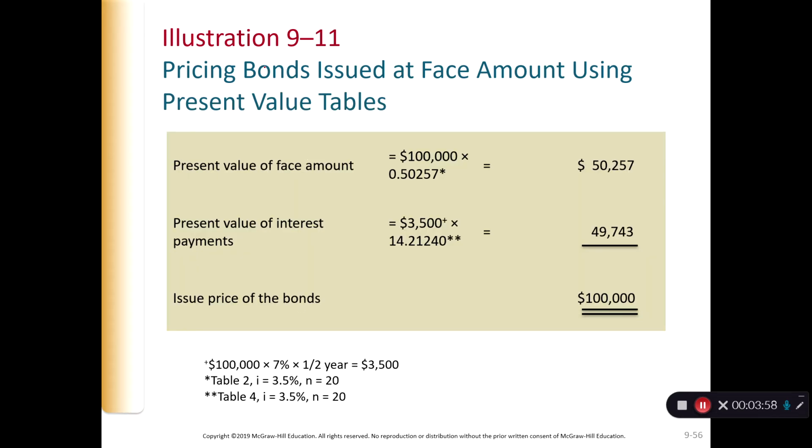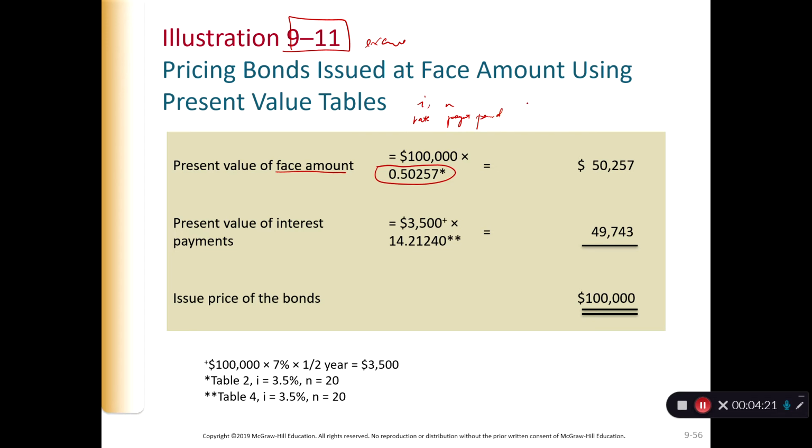This is the method that we are going to use in the exam, where I will give you the present value table of a face value amount. You're going to find the I and N, right? I is the rate, like the market rate, and N is the number of payment periods.